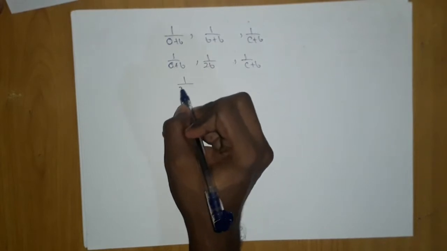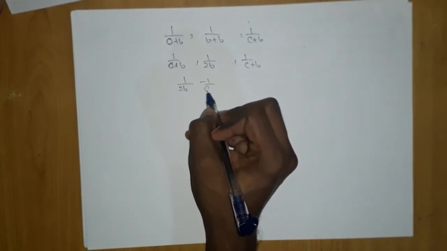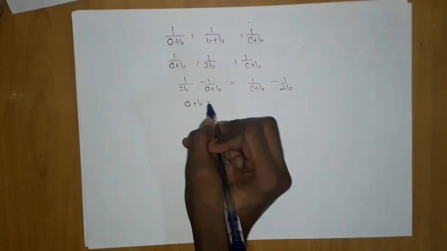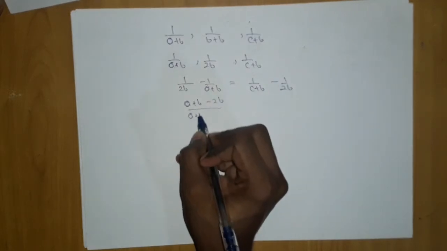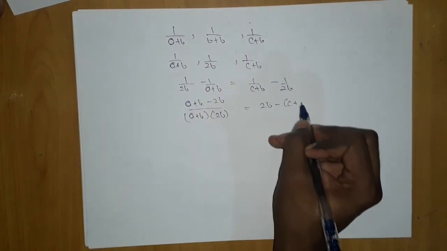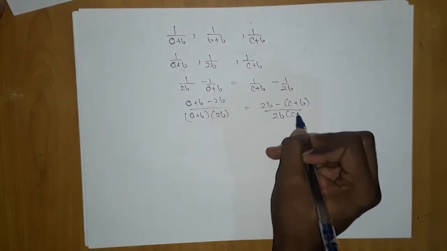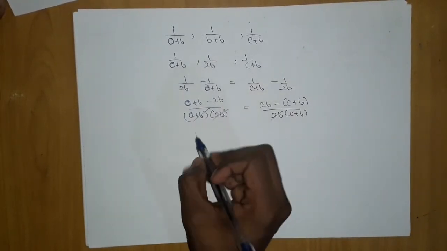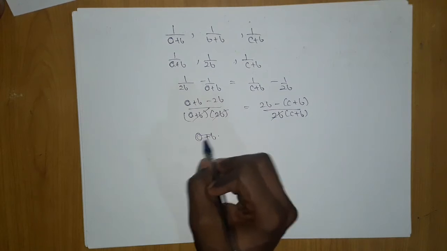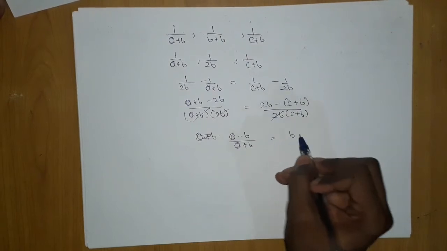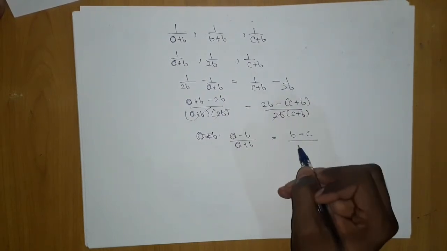Now if I do this, 1 upon 2b minus 1 upon a plus b, and 1 upon c plus b minus 1 upon 2b, a plus b minus 2b upon a plus b into 2b should be equal to 2b minus c plus b upon 2b into c plus b. Are they equal? This will cancel out. The only thing which I am left with is a minus b upon a plus b, it should be b minus c upon c plus b.